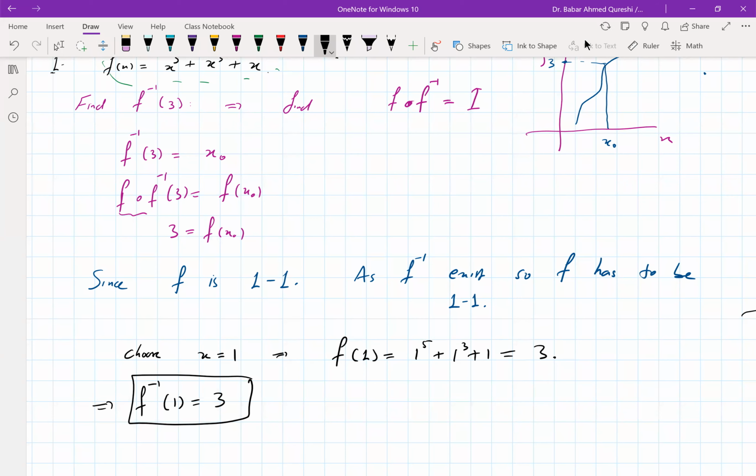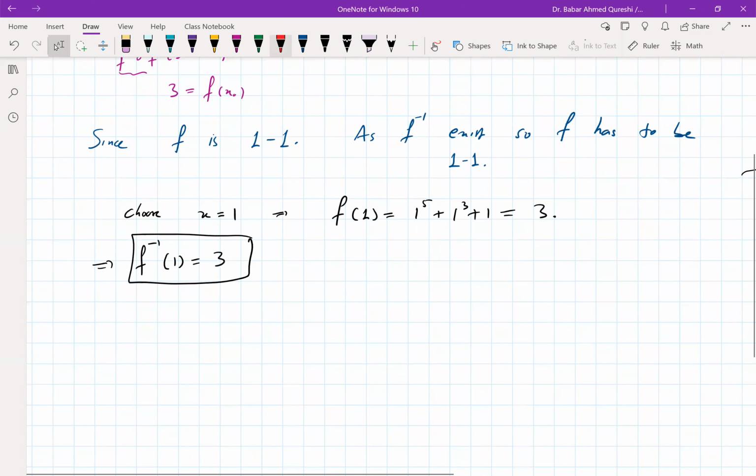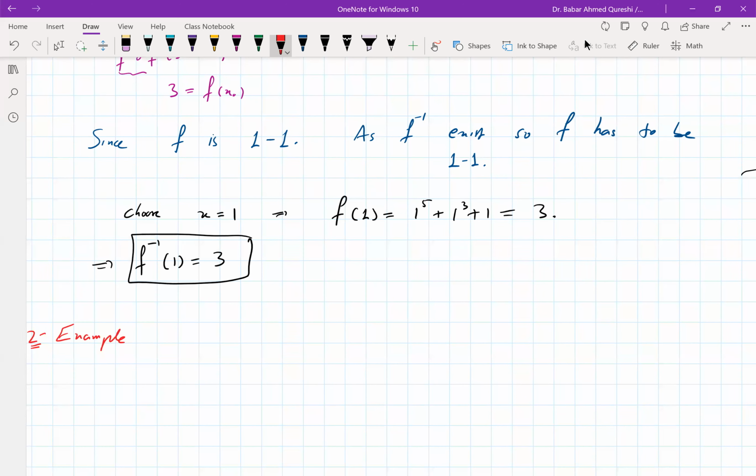Let's take another similar example. So suppose you are given f of x as 3 plus x plus e^x, and you have to find f inverse at 4.